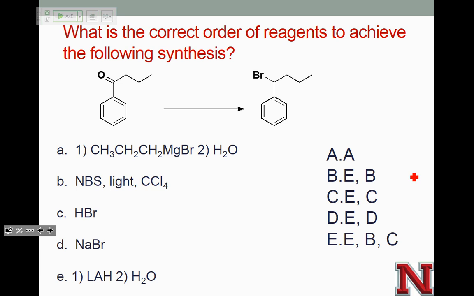So here it looks like we are replacing C=O with bromine. We can't outright replace C=O with bromine, but what we can do is reduce our ketone to an alcohol. Now remember, we haven't really talked about this yet.